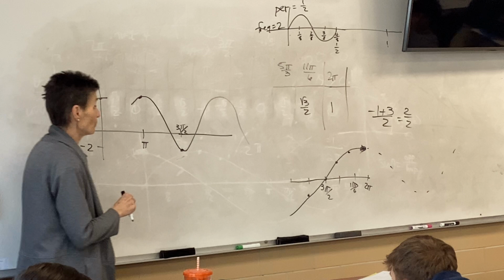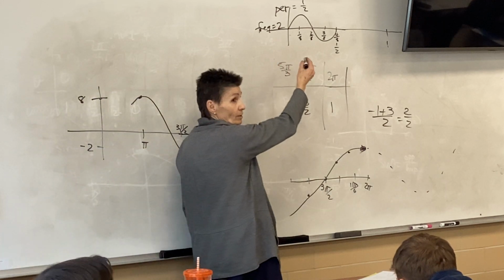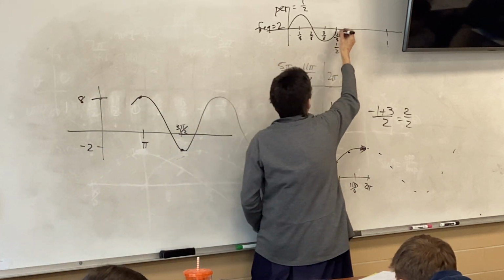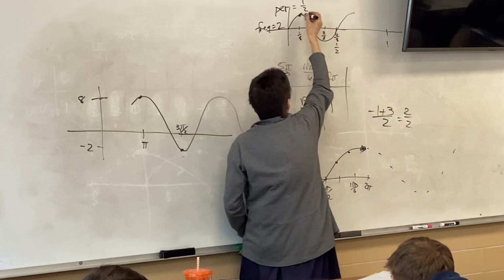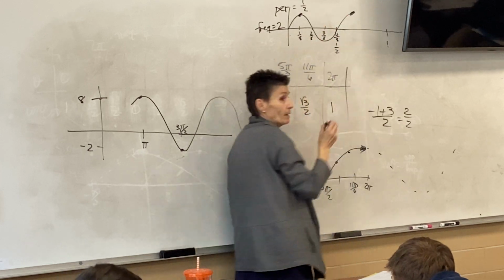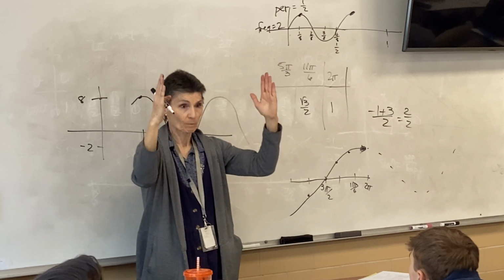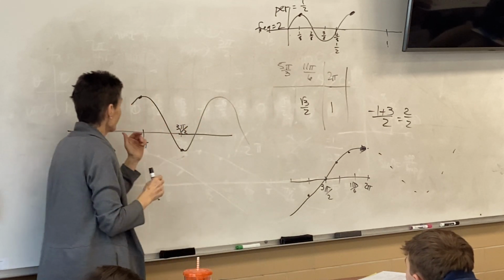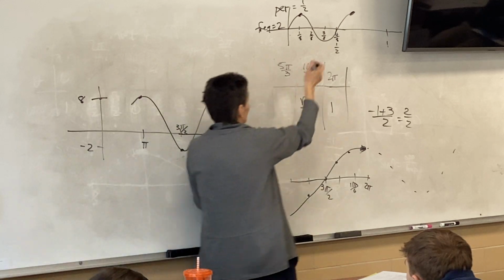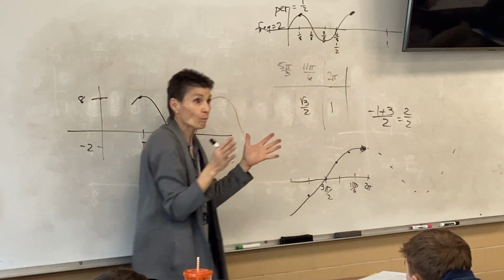Now, when you look at a sinusoidal function, don't you have a maximum? I mean, a period is maximum to maximum, right? And then the minimum is halfway in between there.